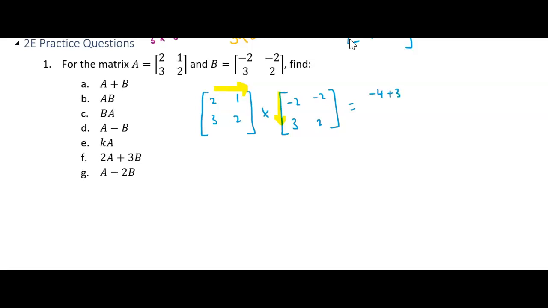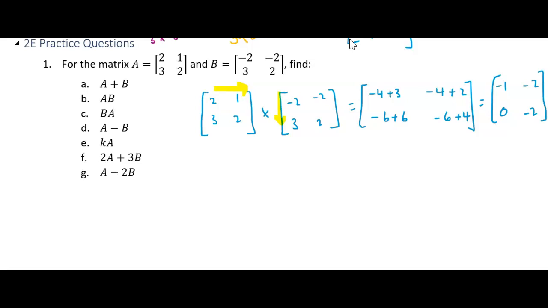Move on to the next element. 2 times -2 is -4. 1 times 2 is 2. 3 times -2 is -6. 2 times 3 is 6. And then we've got 3 times -2 is -6, and 2 times 2 is 4. All right, so we've got -1, -2, 0, -2.